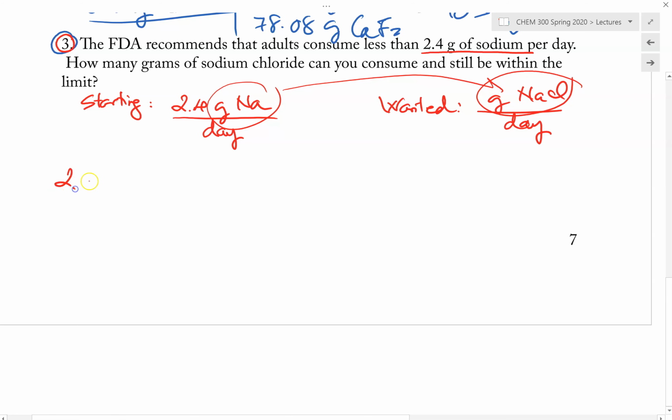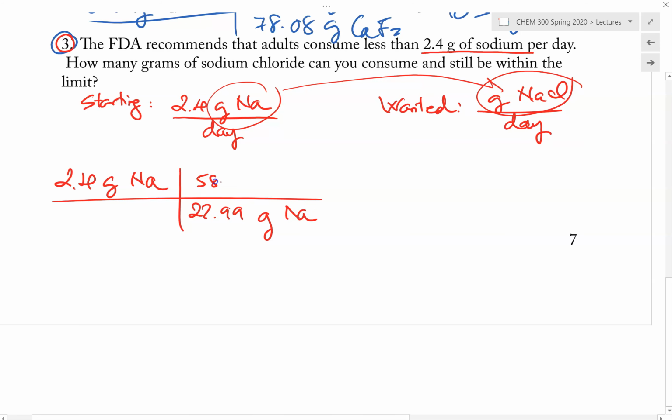So starting with 2.4 grams of sodium, the molar mass of sodium is 22.99 grams of sodium. And the molar mass of sodium chloride is 58.44 grams of sodium chloride. So that's how we can use this information as a conversion factor. And now grams of sodium cancel out, and we'll be able to obtain the final answer.